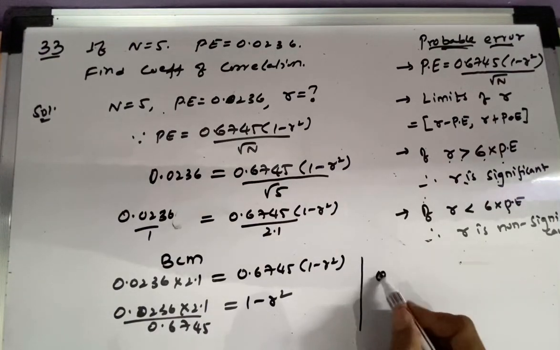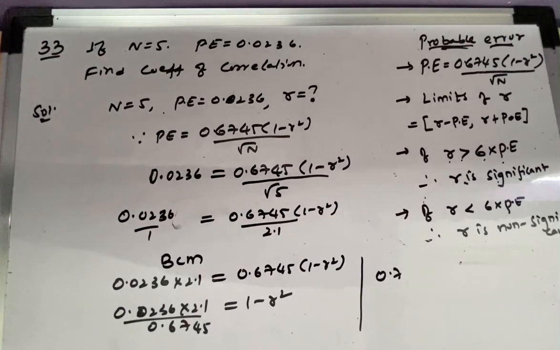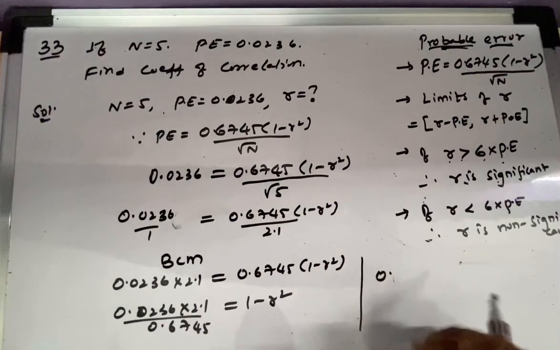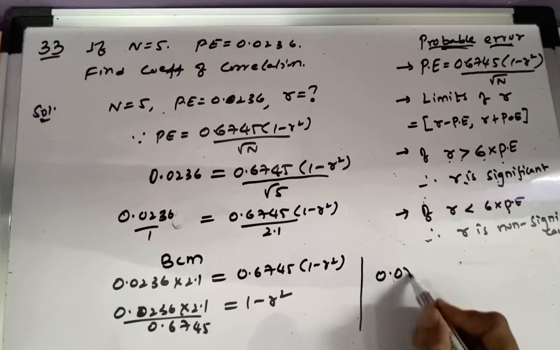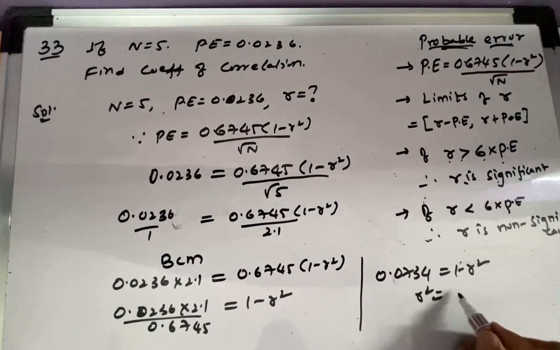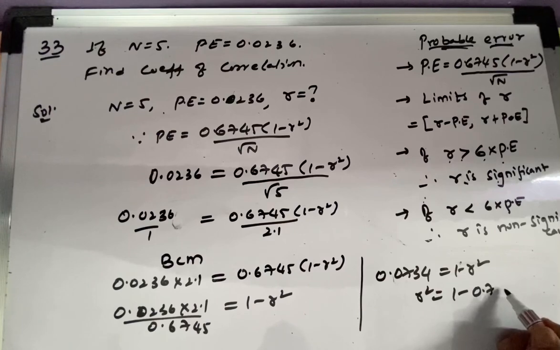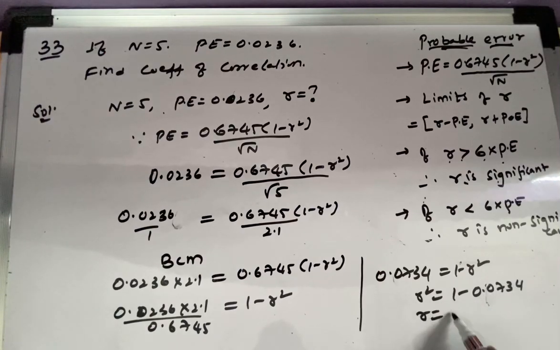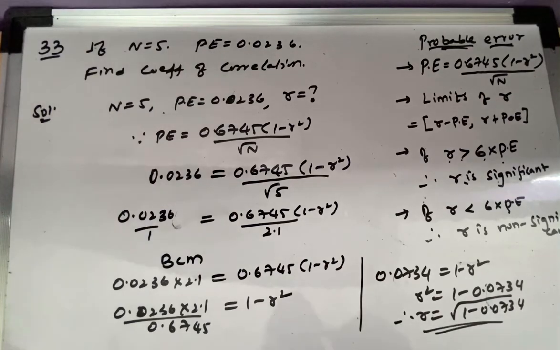This calculation gives 0.0734, equals 1 minus r square. So r square equals 1 minus 0.0734, and r equals root over (1 minus 0.0734). You can calculate this one. I don't have a calculator to do this, so you can calculate these calculations.